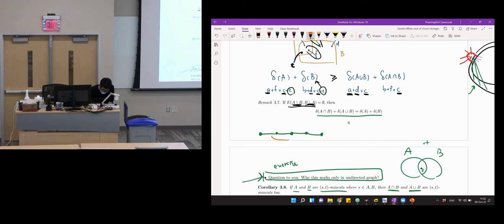Suppose A is here and B is here, and let's say that I'm directing edges like this, and here. Does it work here? So cut of A is 1. No.